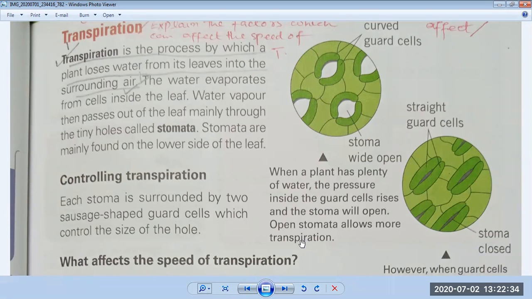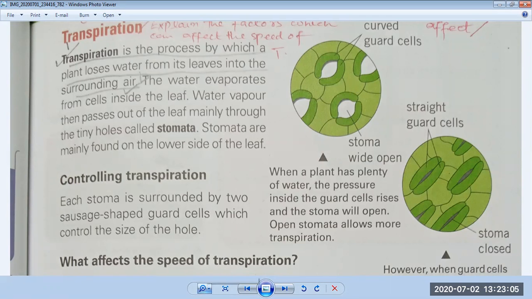So if more stomata are open, you can see on the surface of the leaf, actually they are present at the side of the leaf, and they cover 1 or 2% of the leaf. So if there is pressure of water, more stomata will be open. You can see here are 1, 2, 3, and 4. If there is less pressure, only 1 or 2 stomata can open. So this is the working of the stomata in the body of a plant.